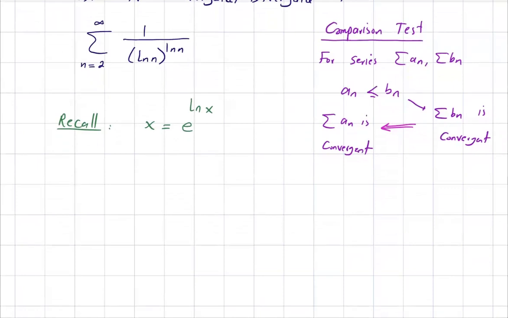We're going to use this property to rewrite ln of n to power ln of n.